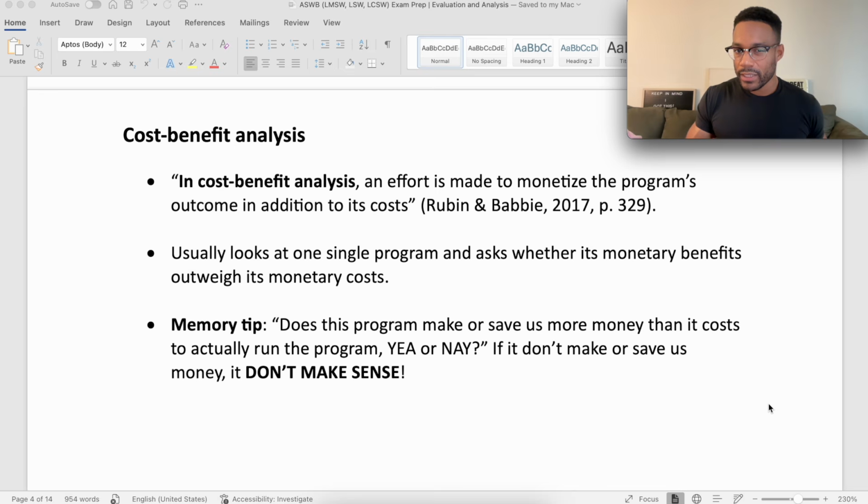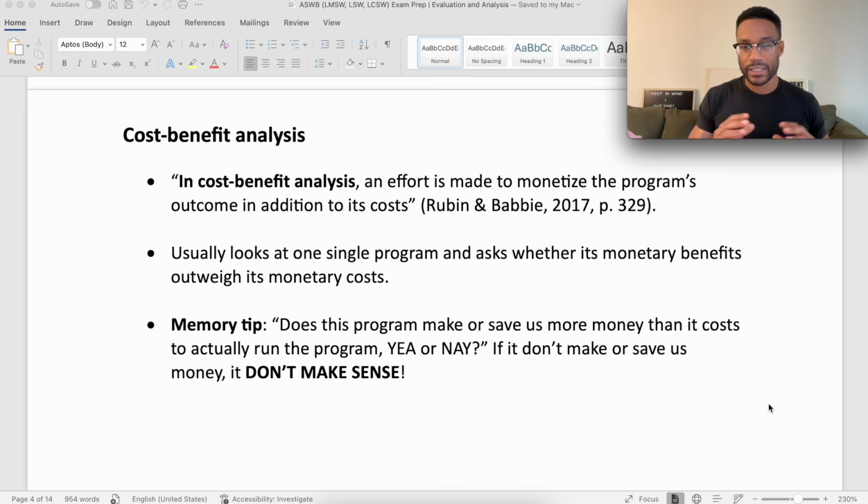Overall, ultimately, how much money is this program making us or saving us? Hopefully, that dollar amount is higher than what it actually takes to run the program.